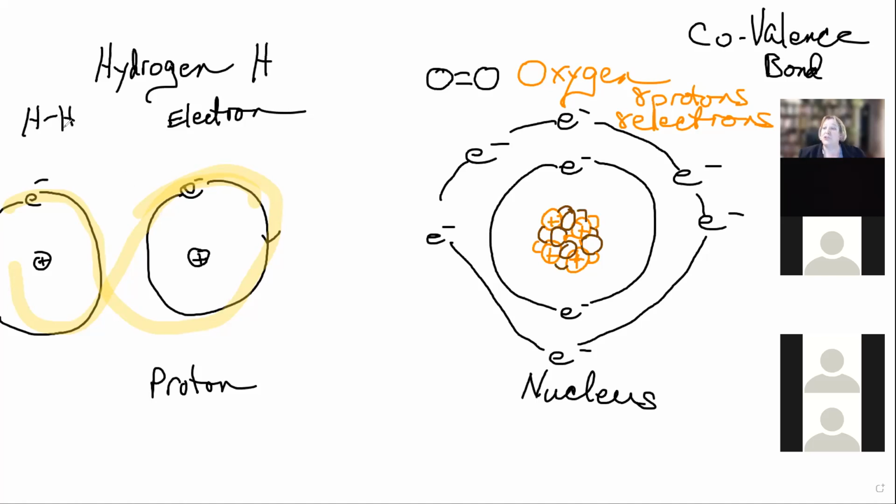So this line refers to a pair of electrons that are being shared. Oxygen will share 4 electrons, 2 pair between 2 oxygen atoms. And because these atoms are the same size, the electrons spend equal amounts of time around each nucleus.